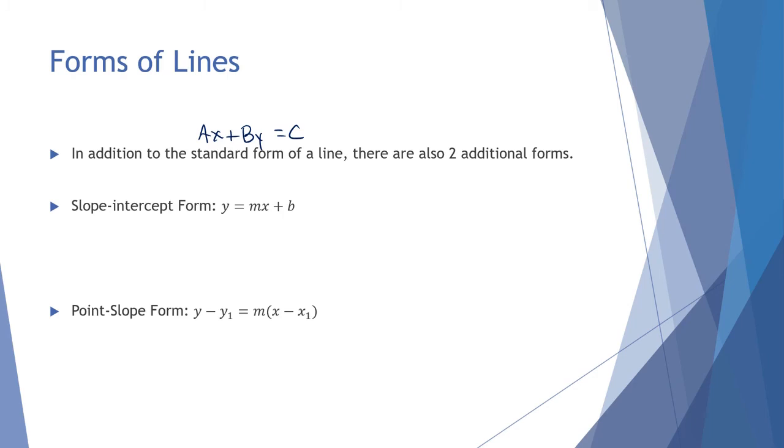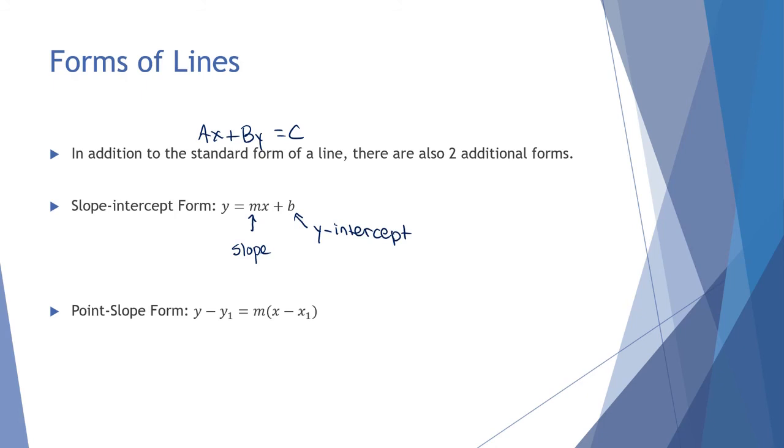Most of the time, you either see what's called slope-intercept form or point-slope form, and both of those formulas are here. Slope-intercept form is y equals mx plus b. I'm sure you've probably heard of that. Of course, m is the slope, and b is what's called the y-intercept.